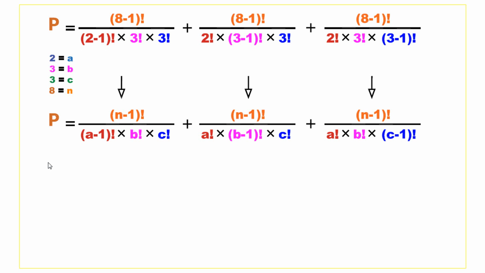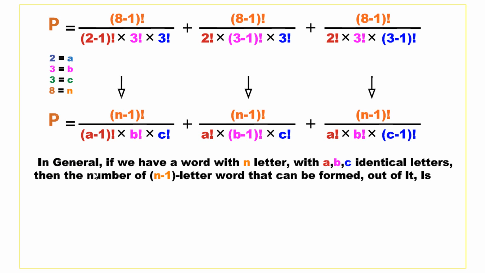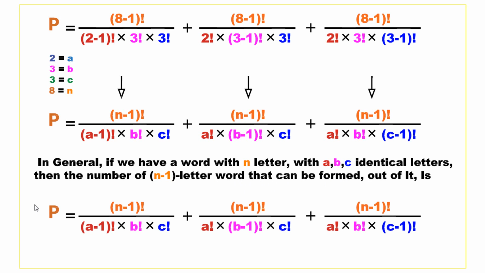And now we can say that in general, if we have a word with n letters with A, B, C identical letters, then the number of n minus 1 letter words that can be formed out of it is given by this general formula here.